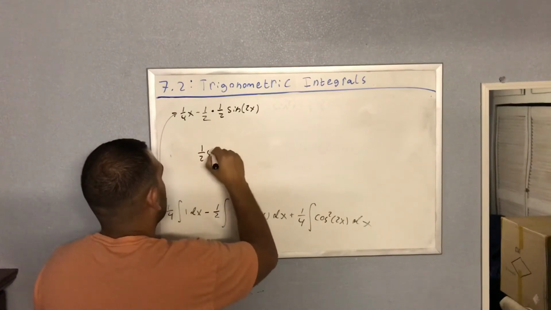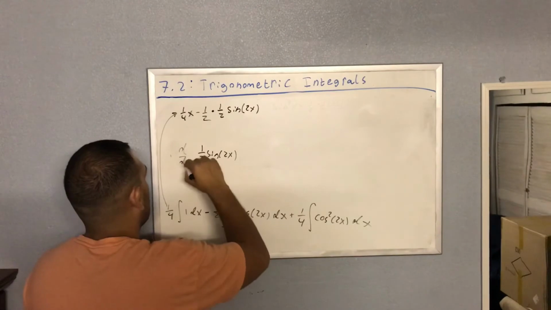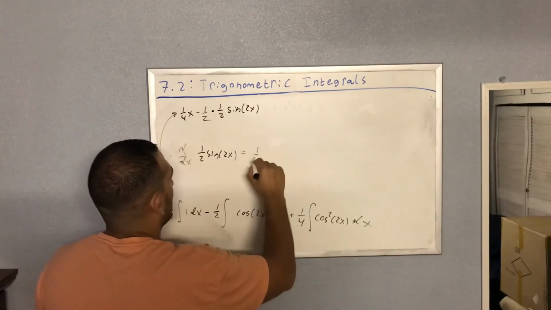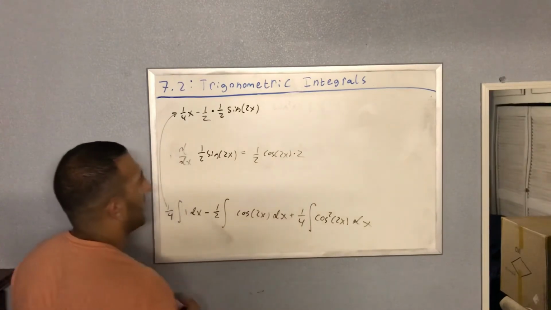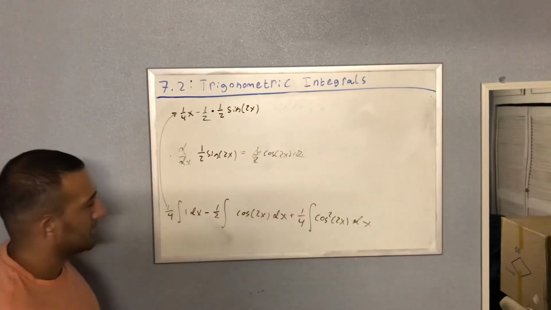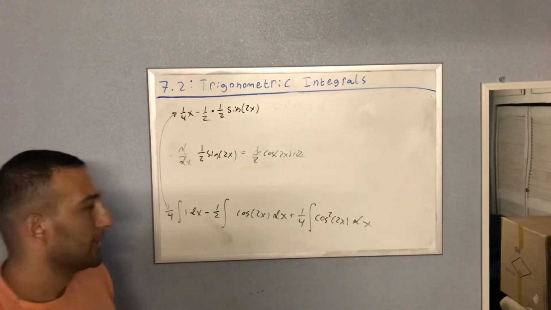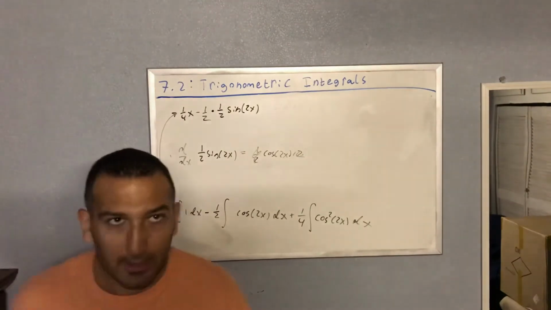Notice that the 1/2 sine of 2x, if you take its derivative, it's going to be equal to 1/2 cosine of 2x times 2 by the chain rule. And notice these will cancel to give you cosine 2x. So that is what we want. That is the correct integral.